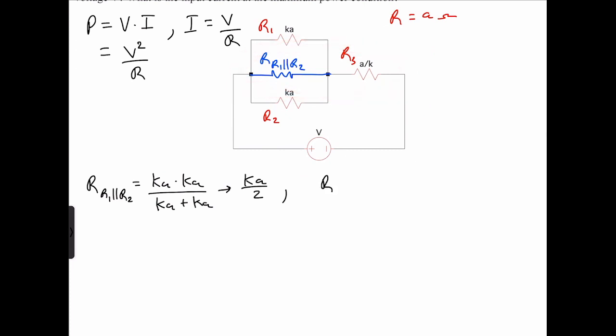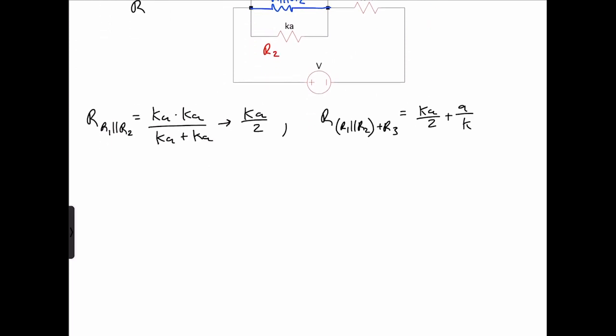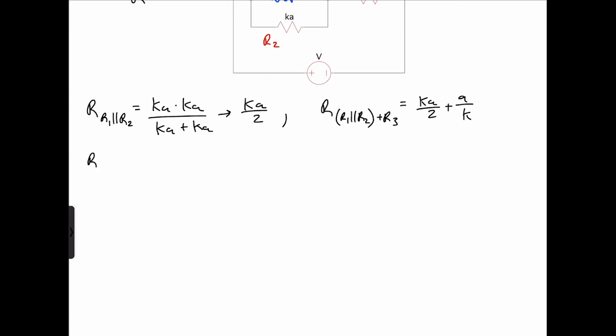So that means R1 in parallel with R2, plus R3, is equal to Ka over 2 plus A over K. We can then write our total resistance, which we can just call R, as equal to Ka squared plus 2A all over 2K.